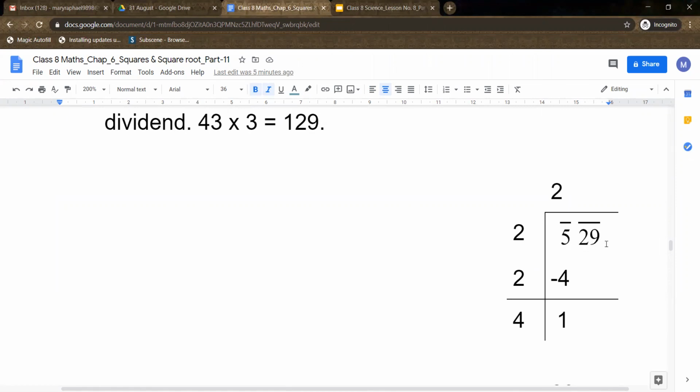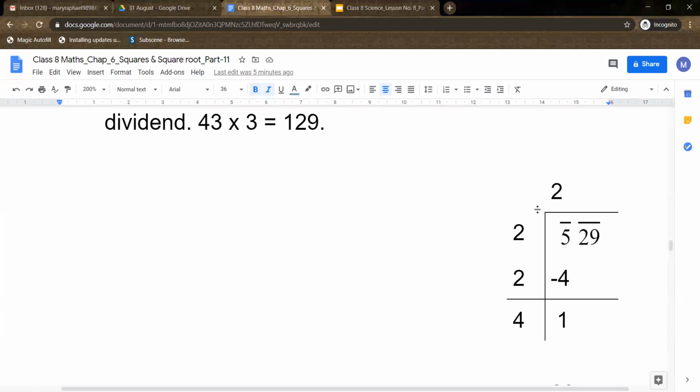So starting from the right towards the left, two digits we have to make pairs and you have to put a bar over that. So see, 29 is the first group, first pair, put a bar. Next we have only 1 digit 5, then put a bar. So we have 2 groups. That is the first step we have to do.